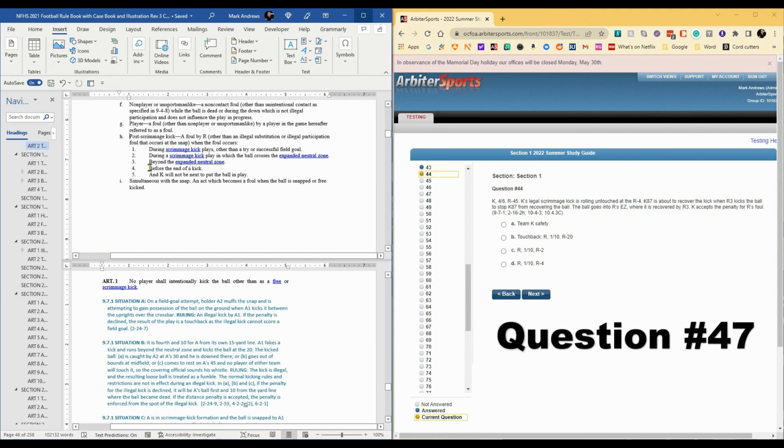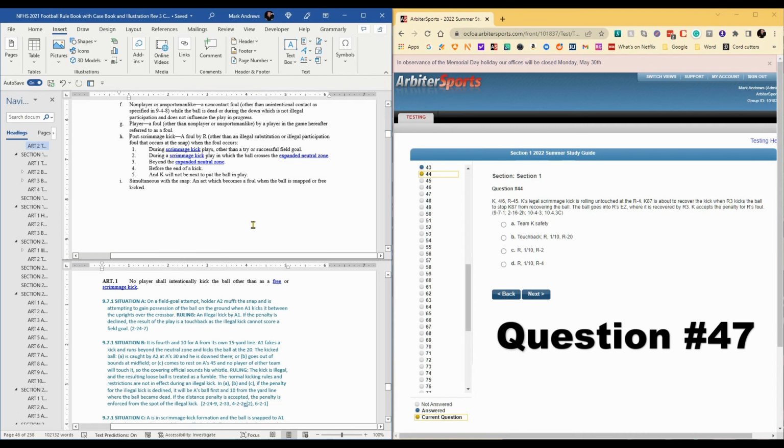Now, the end of the kick is when the ball becomes dead, either by going out of bounds or by becoming in possession by R. So that's what happened here, R3 recovered it in the end zone. So that's the end of the kick. And the foul occurred before that. And K will not be the next to put the ball in play. That's true as well. So this is a post-scrimmage kick foul.